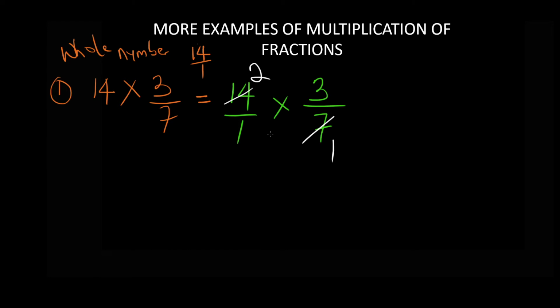If you take a look at this, nothing can divide anymore. So I will multiply out the numerators and denominators. 2 times 3 gives me 6. 1 times 1 gives me 1. So in that case, my final answer is going to be 6 over 1 or 6, because 6 over 1 is the same thing as 6.